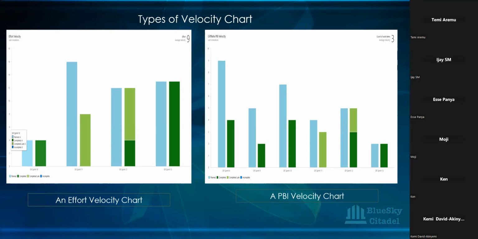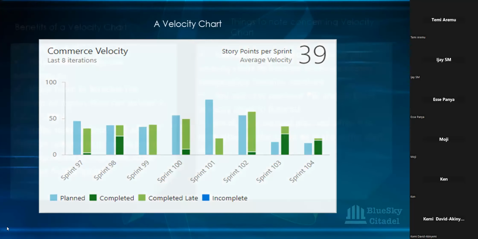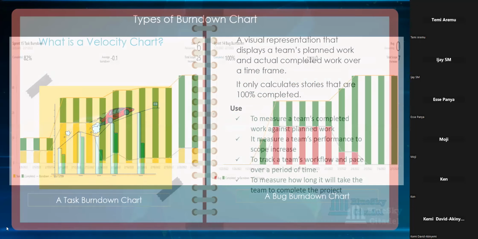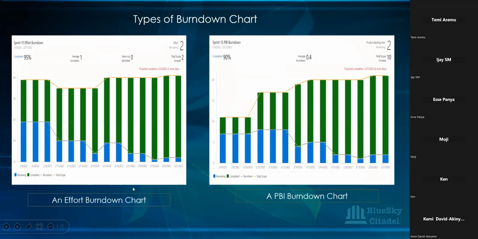With your burn down chart, yes, you can, because what your burn down chart is showing is what we've completed against what is remaining by the end of the sprint. So I can leave that blue there just to show my team that at the end of the sprint, this was what we completed and this was what was remaining.